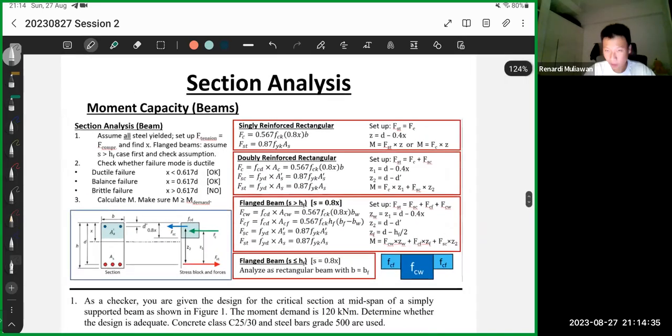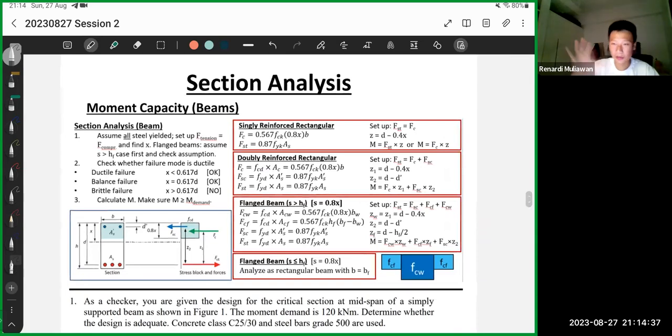This is actually copy pasted from my cheat sheet because I'm just showing the important parts here. So this is how you do the section analysis for beams. First step is to assume that all steel yielded, because yielded is usually the case, the ductile failure. Like all designers, they try to have all the steel yielded.